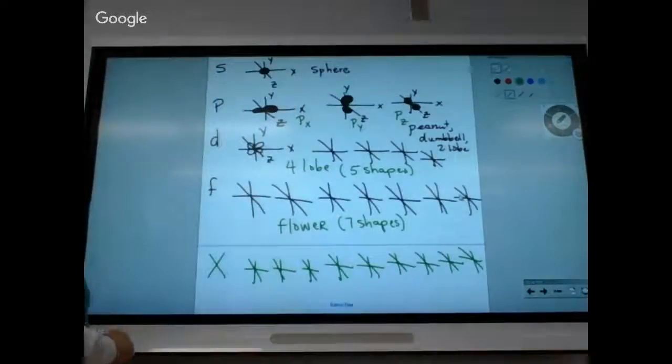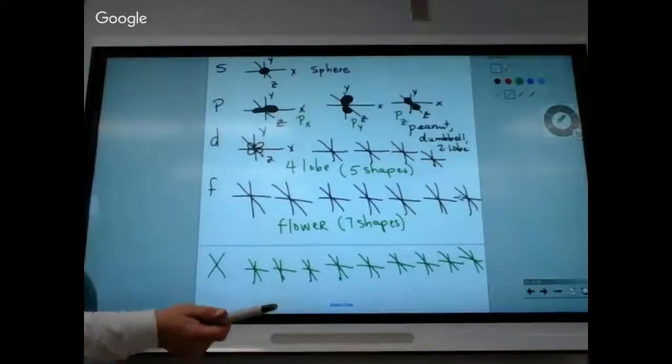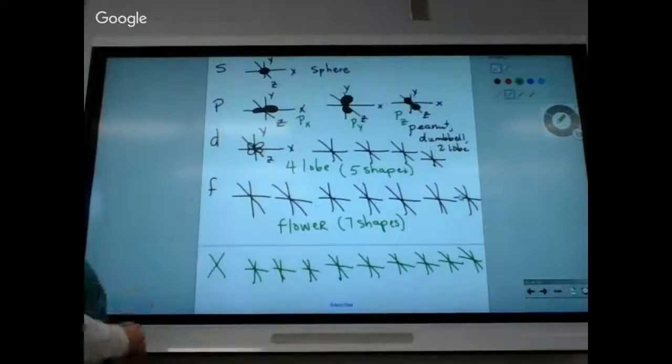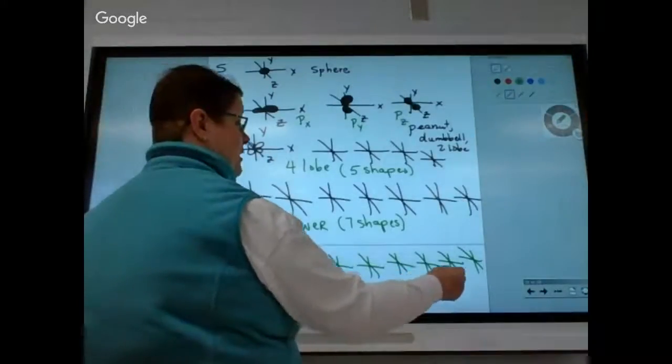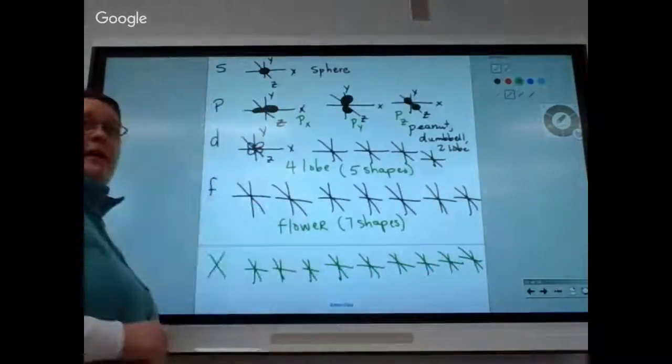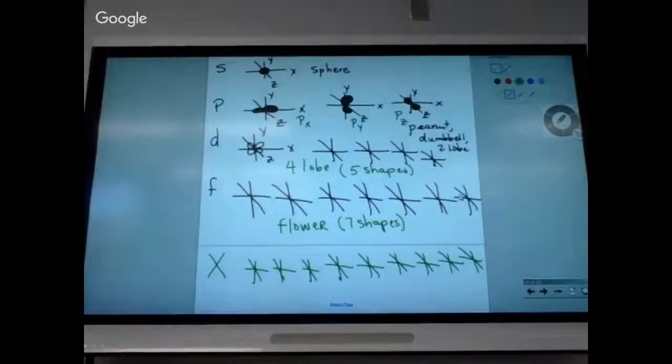So it could have how many electrons now in orbital X? 2, 4, 6, 8, 10, 12, 14, 16, 18. And it would continue on. Is that 5 like we did before? Yes. It's just an example of the pattern.